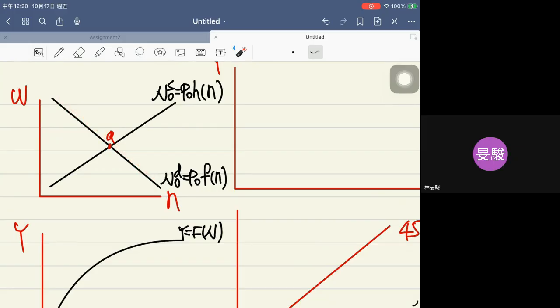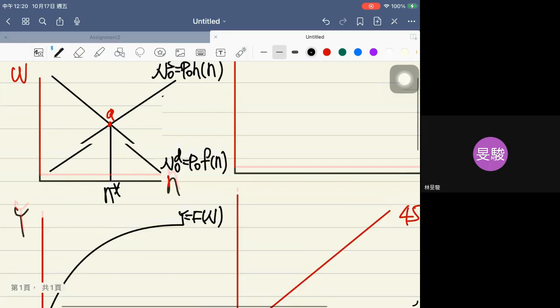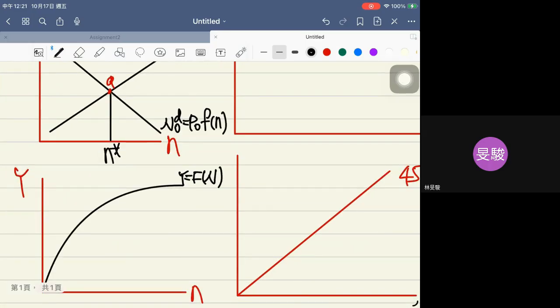At point A, the equilibrium level of employment is N star. And given this level of employment, the production function indicates that output equals YF.